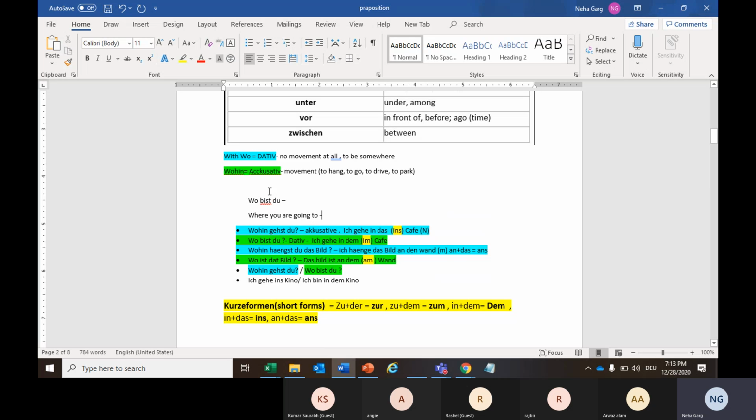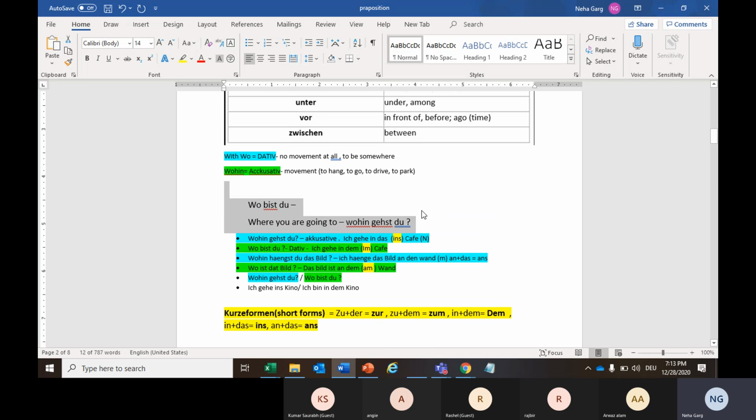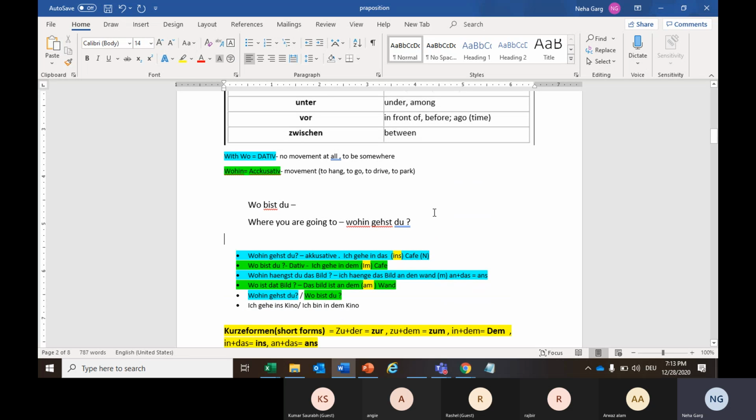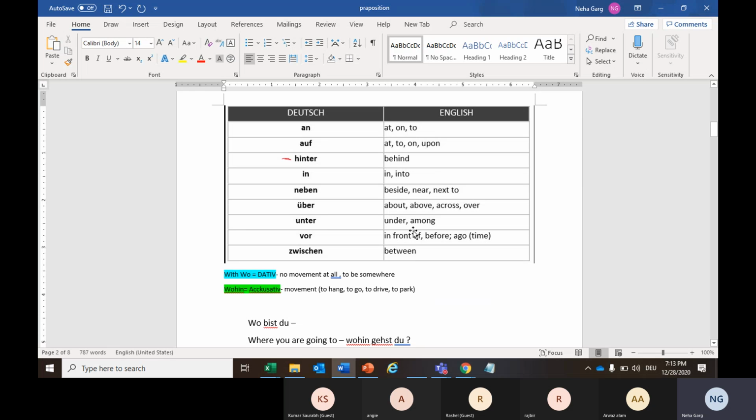There is a movement. The question is of wohin, to where, gehst du. So this is the main difference in deciding whether to use these prepositions in an accusative way or in a dative way.